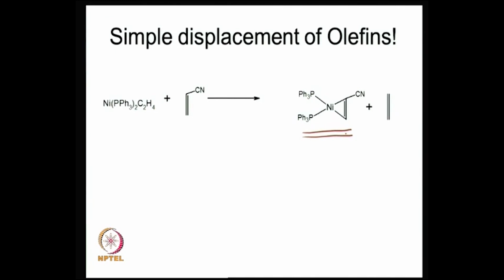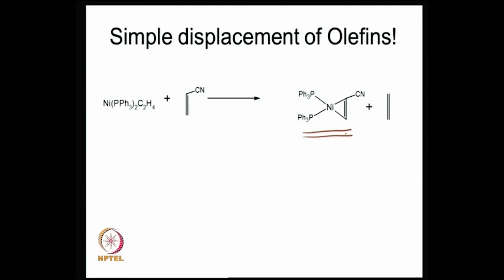And when you replace ethylene with a cyanoethylene, or acrylonitrile, the stability increases. This must be an electronic effect, because any time you have a substitution on ethylene, the stability usually goes down. But in this instance, it has increased.